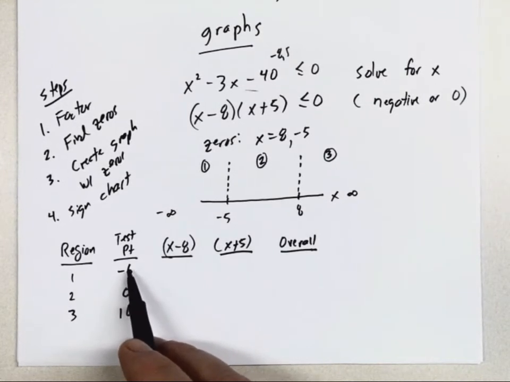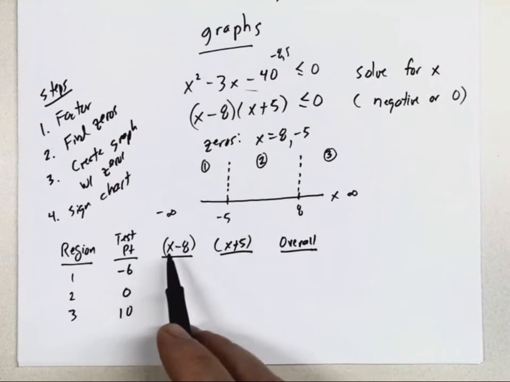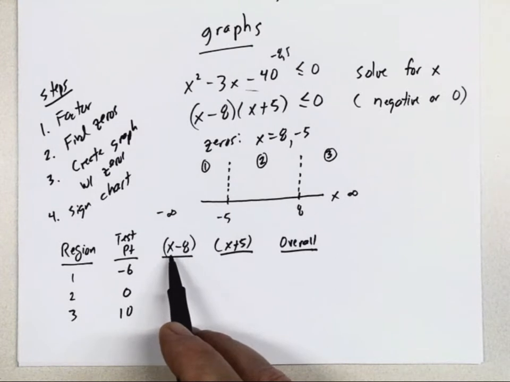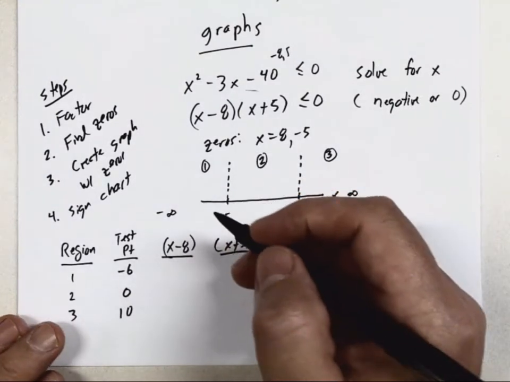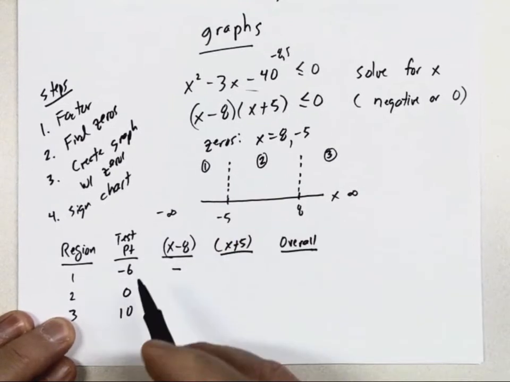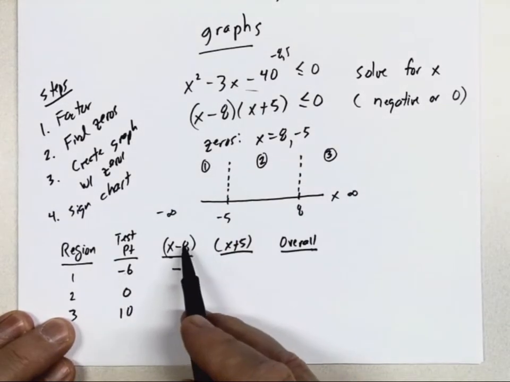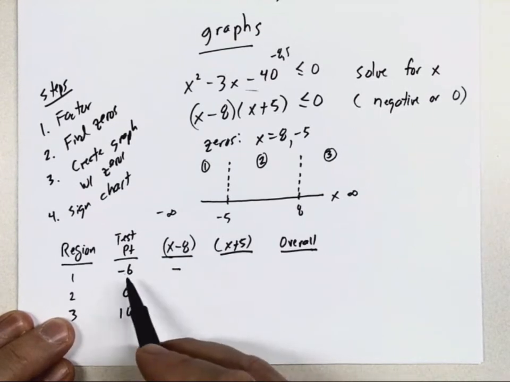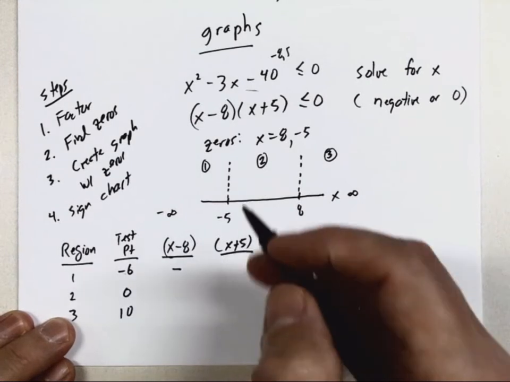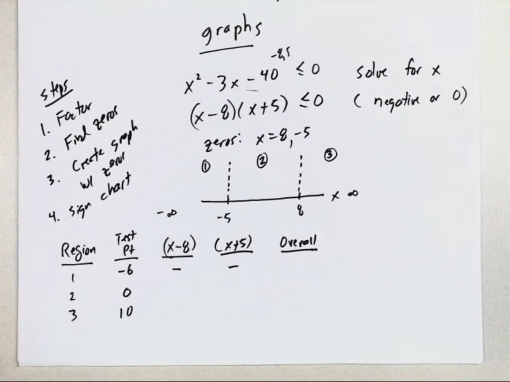So I look at this first column. Since X is going to be -6, if I plug in -6 for X, this whole thing equals -14. And what I want to mark here is just the sign. Is it positive or negative? Well, when -6 gets plugged in here, this thing equals -14, it's negative. When -6 gets plugged in here, -6 plus 5 is -1, it's negative.